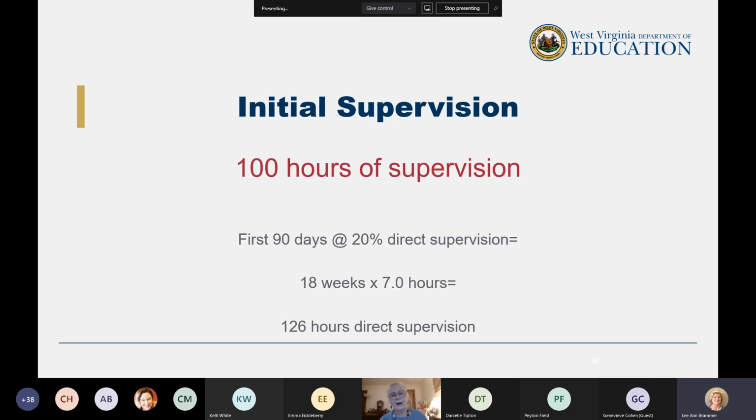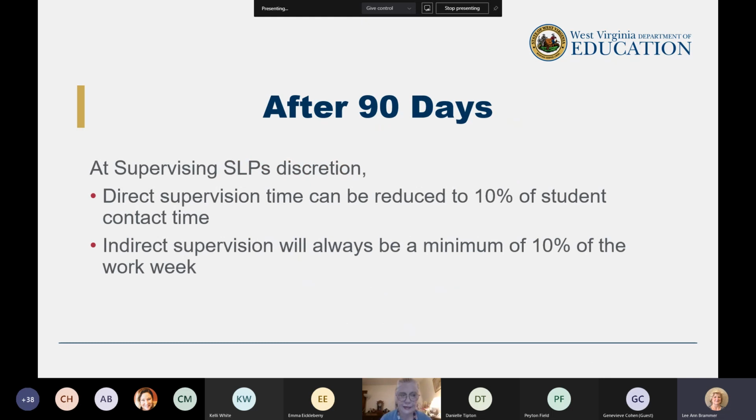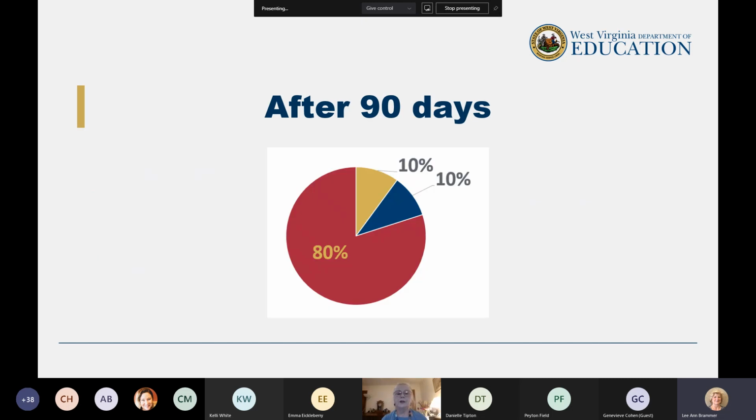So if we go to the next slide, after the 90 days, then you can reduce the direct supervision time to 10%, and the indirect always stays 10%. But if you go to the next slide, this is going to be based on the supervisor and what they've seen as far as the independence level of the SLPA and how comfortable the SLPA feels doing this therapy by themselves.